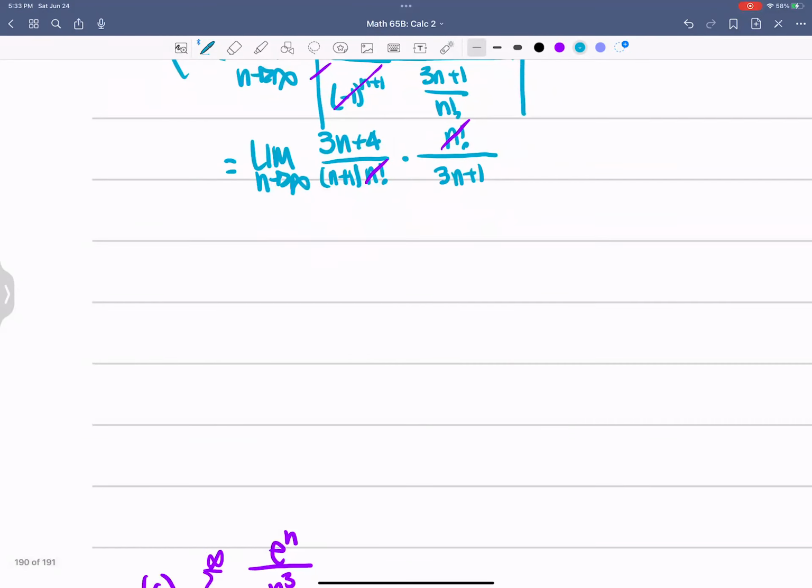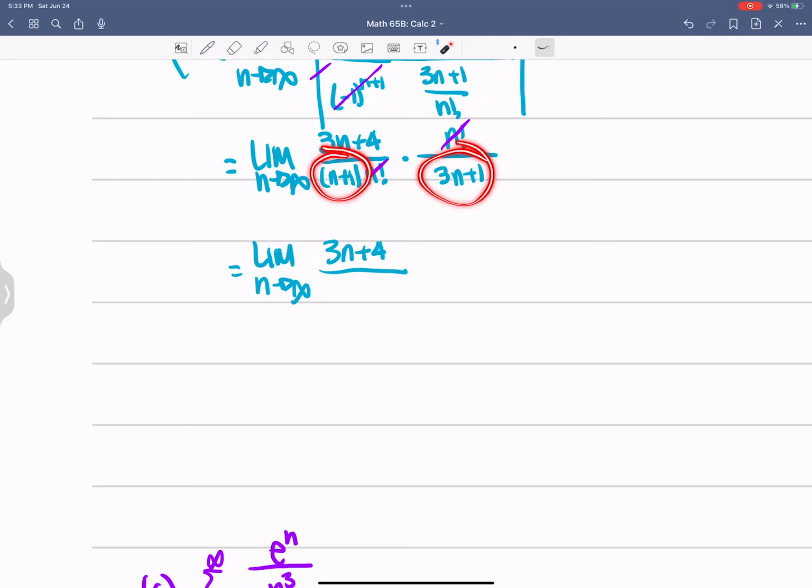We're left with the limit as n approaches infinity of 3n plus 4 over, multiplying these two, 3n squared plus 4n plus 1.